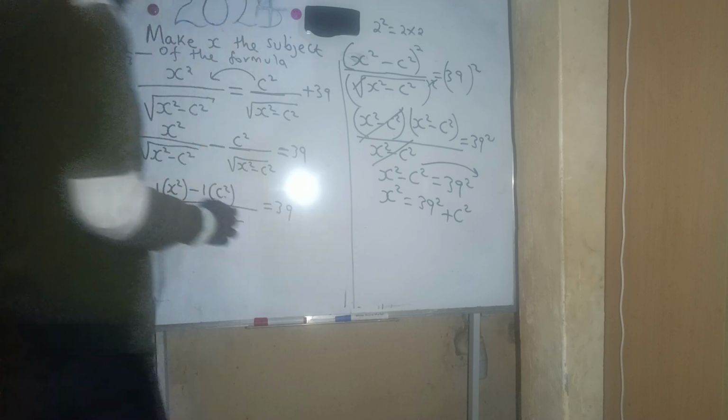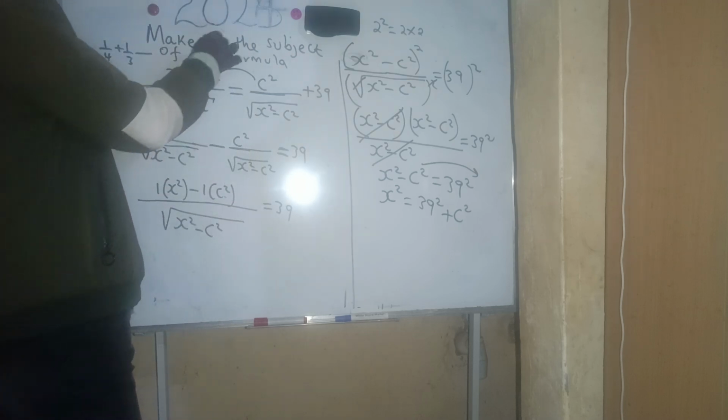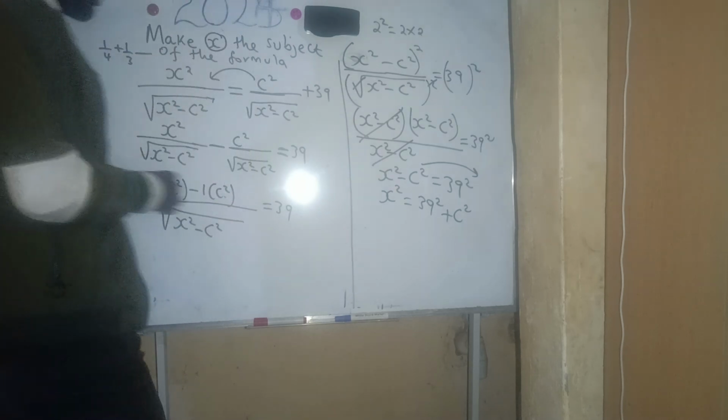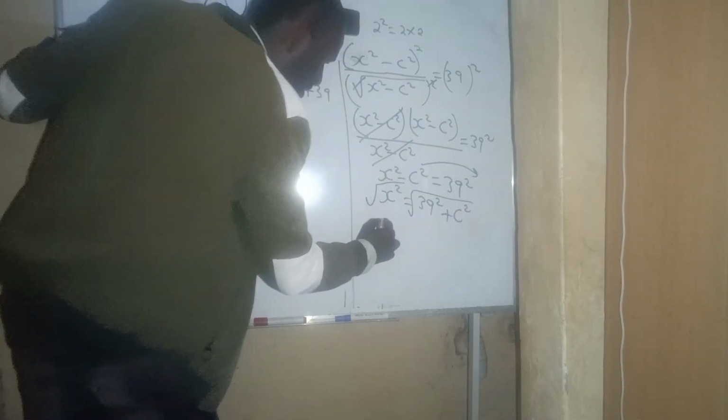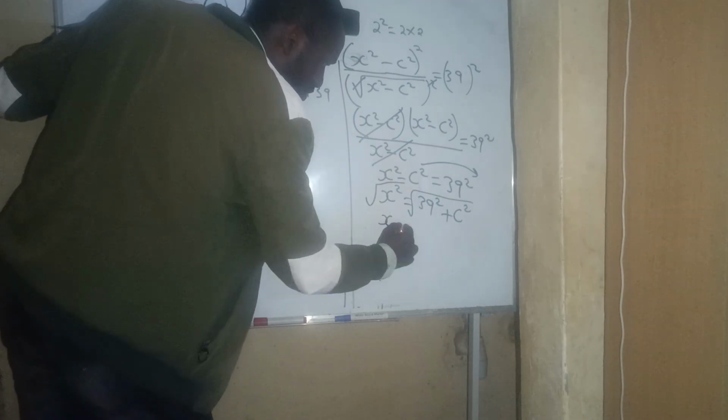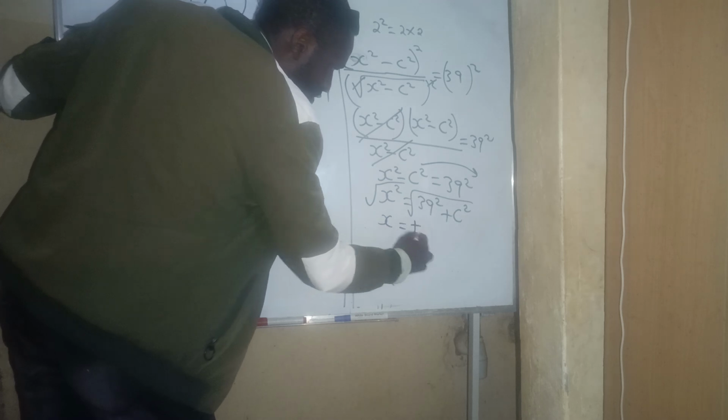We are interested in making x and not x squared. So we introduce a square root on both sides. That means our x should be equal to plus or minus.